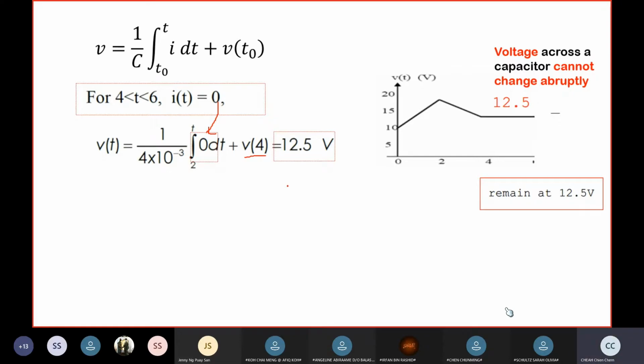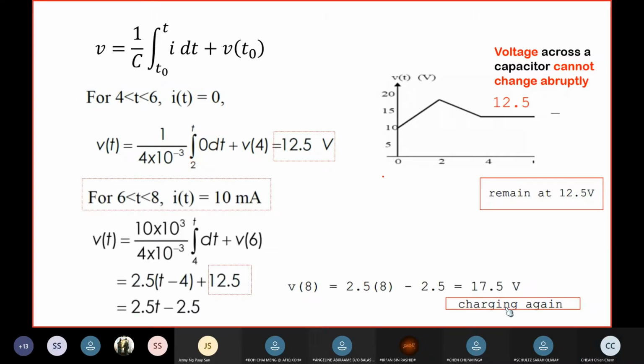Now for the last 2 milliseconds, the current switches to 10 milliamperes. So you can do the same thing. Voltage cannot change suddenly, so you should start from 12.5, right? 12.5, and after switching your current becomes 10 milliamperes.